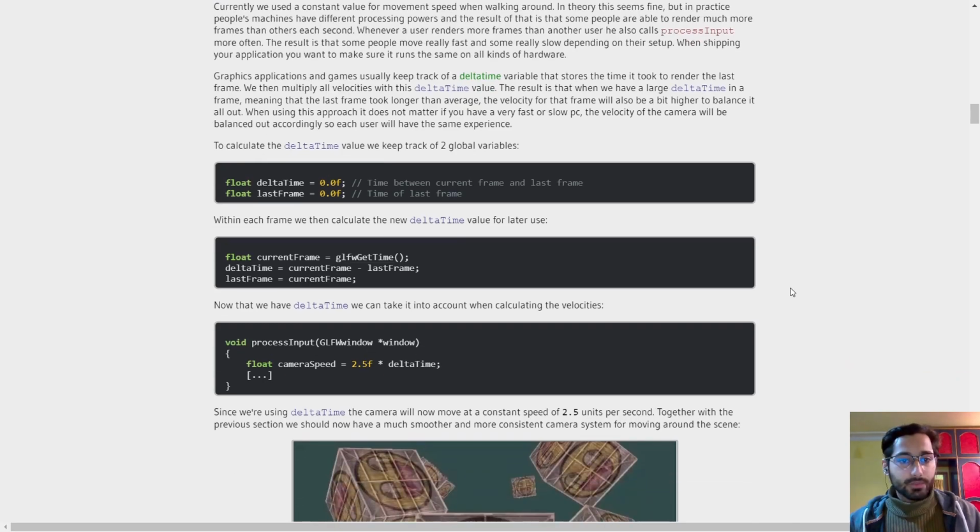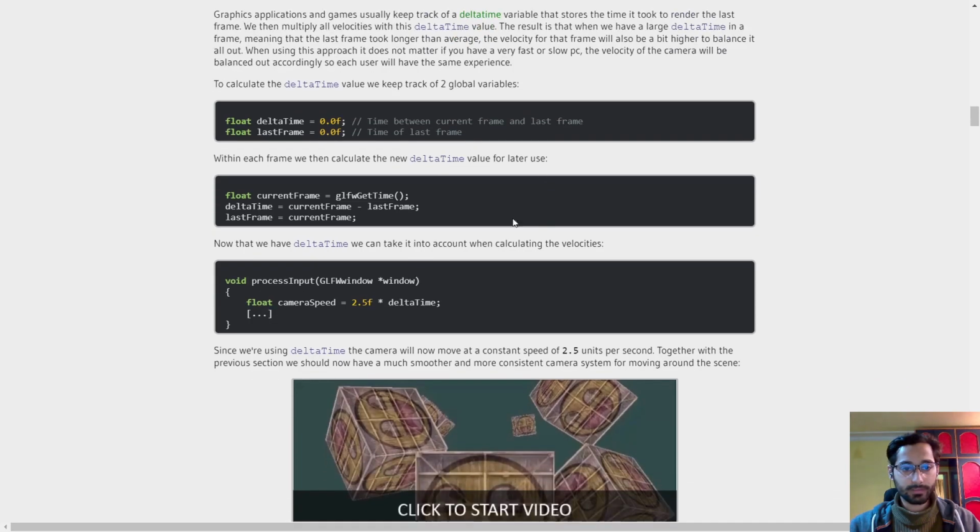Alright, so we're going to introduce delta time here. I'm just going to make a float that will be 0 by default, and then we're going to keep track of the last frame. Within each frame, we then calculate the new delta time value for later use. Okay, so where do I define this?